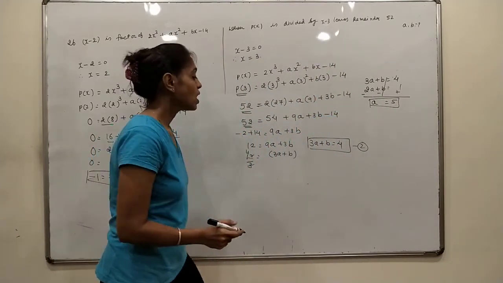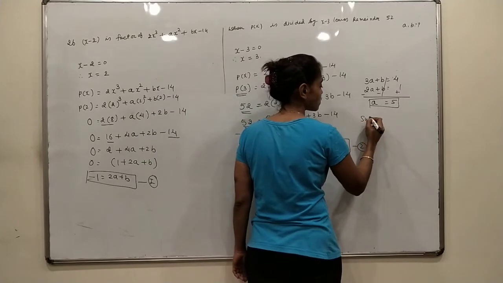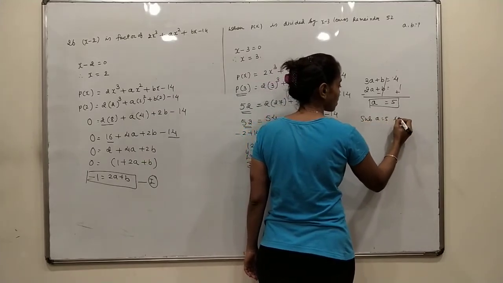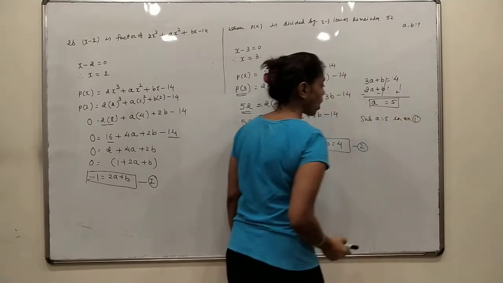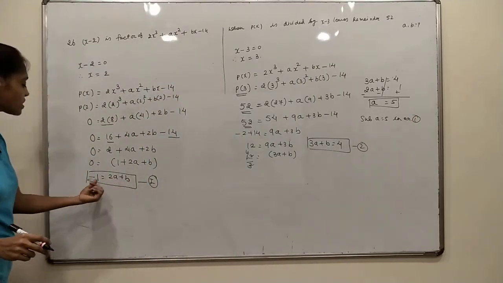Now substitute the value a is 5 in equation number 1 or 2, and 2a plus b is -1.